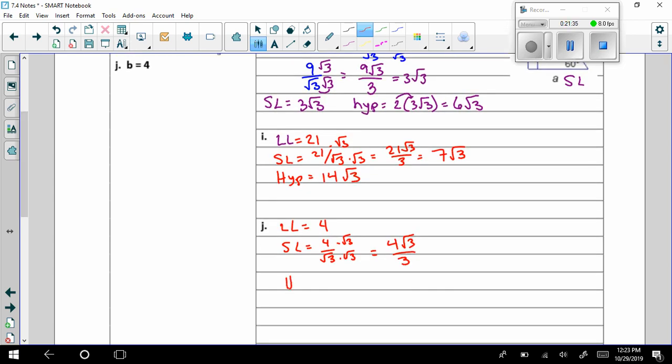Okay. Our hypotenuse is double that. You do not double everything. When we multiply 4 root 3 over 3 times 2, it's like a 2 over 1. You just don't really need that. So that's 8 root 3 over 3.